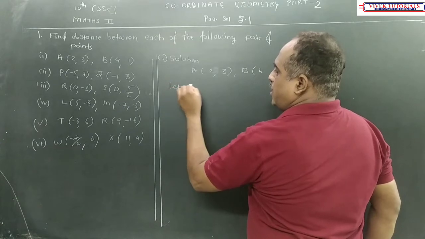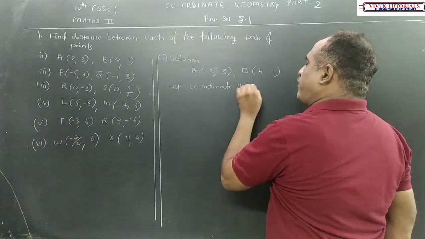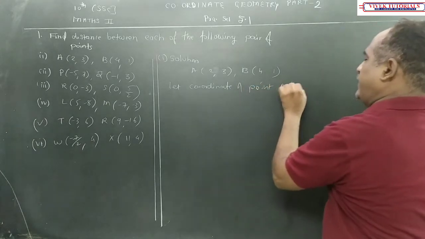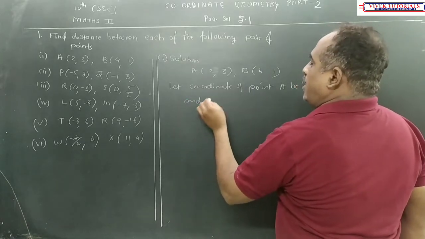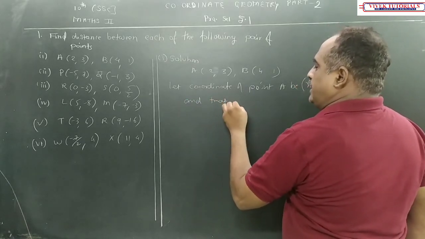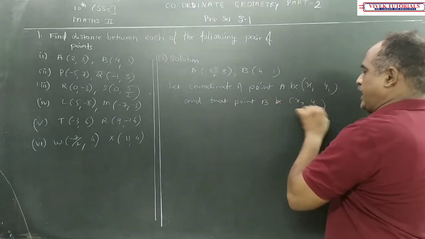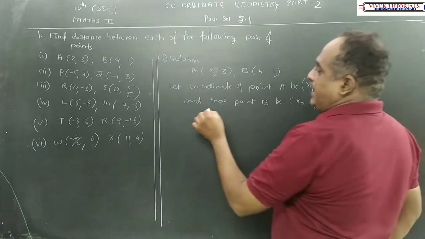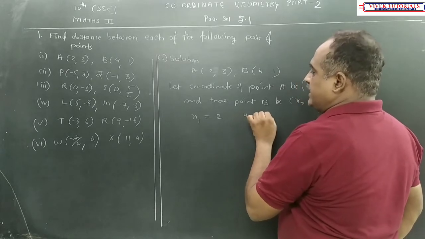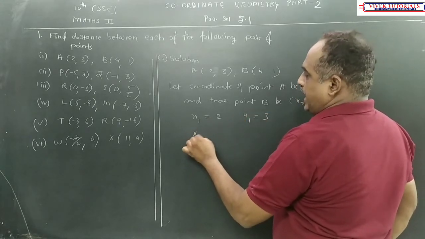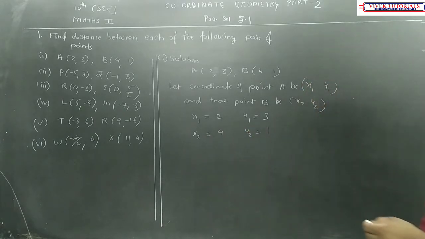Let the coordinate of point A be x1, y1 and that of point B be x2, y2. So I am getting x1 is equal to 2, y1 is equal to 3, x2 is equal to 4, y2 is equal to 1.